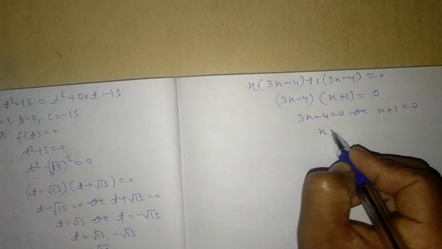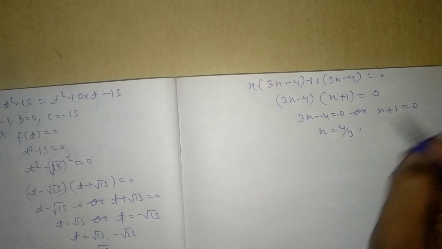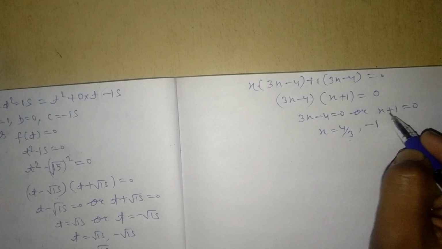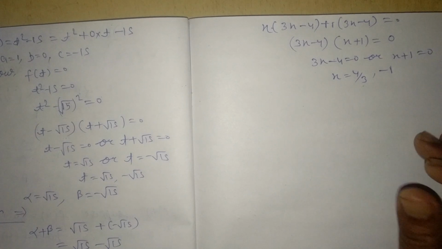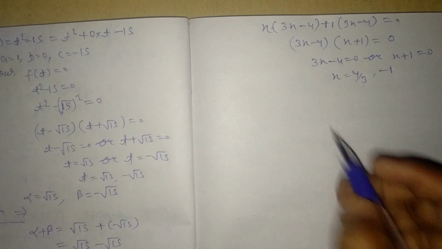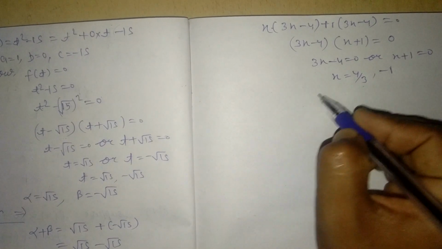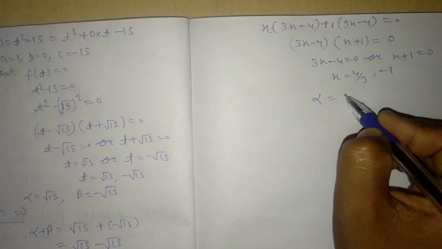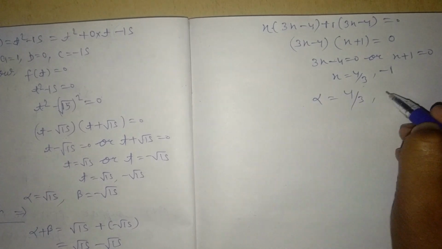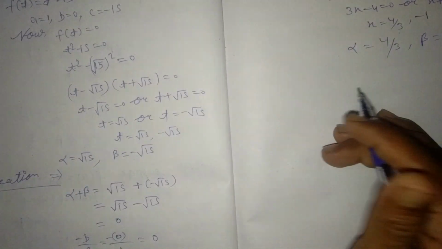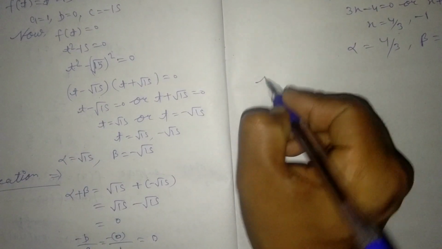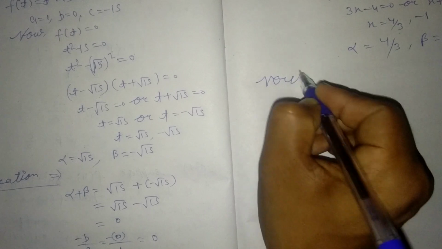So you will get x is equal to 4 upon 3, and for x plus 1 equal to 0, when you transpose plus 1 to the right side, you will get minus 1. Okay, so here you will get alpha is equal to 4 upon 3, and also beta is equal to minus 1.